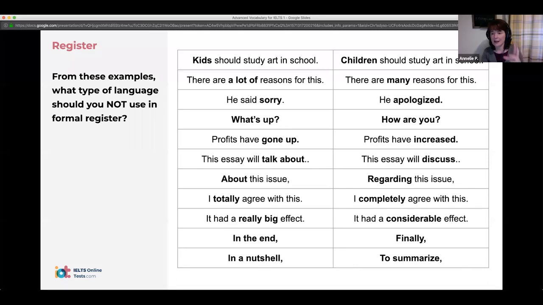So if we think again a bit further about formal and informal, we know that informal vocabulary is definitely not acceptable for formal writing. Any kind of slang or idioms, things like that. What else do you think you need to avoid in terms of writing?